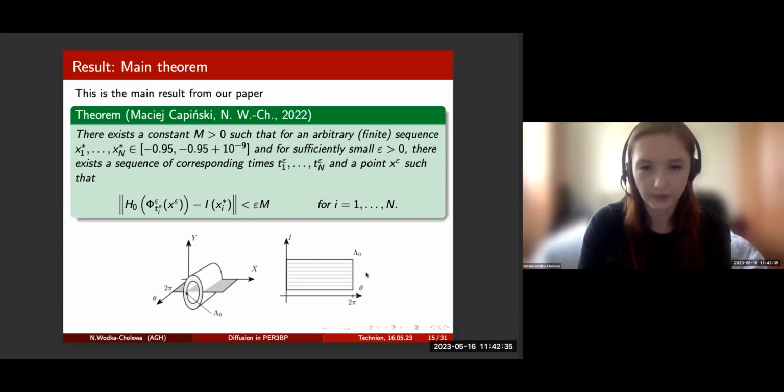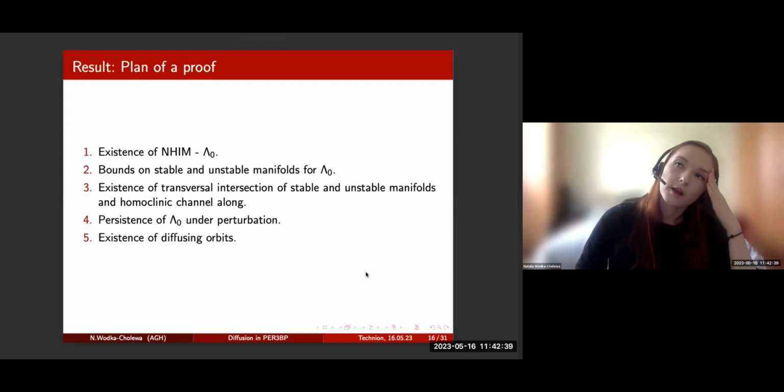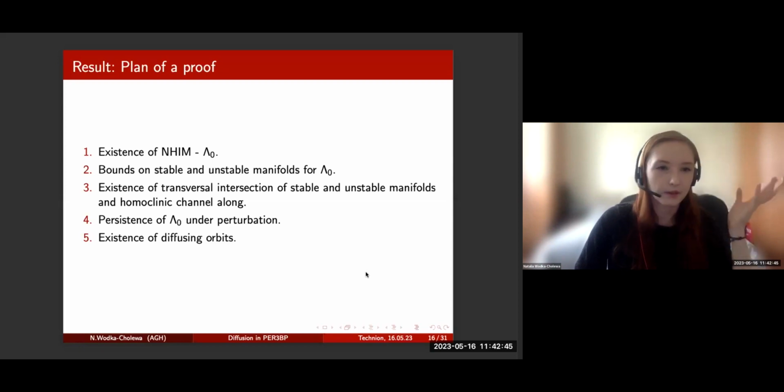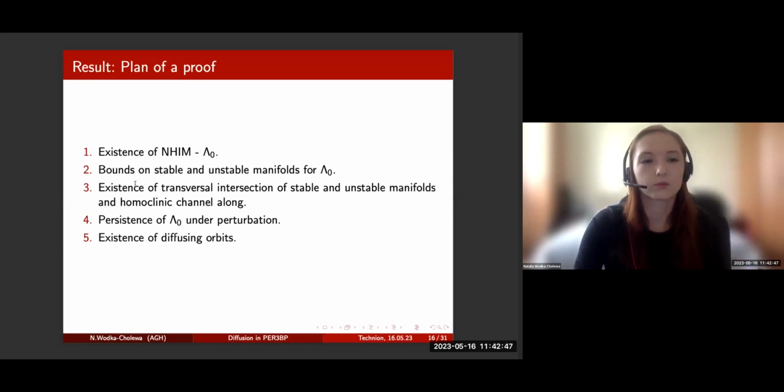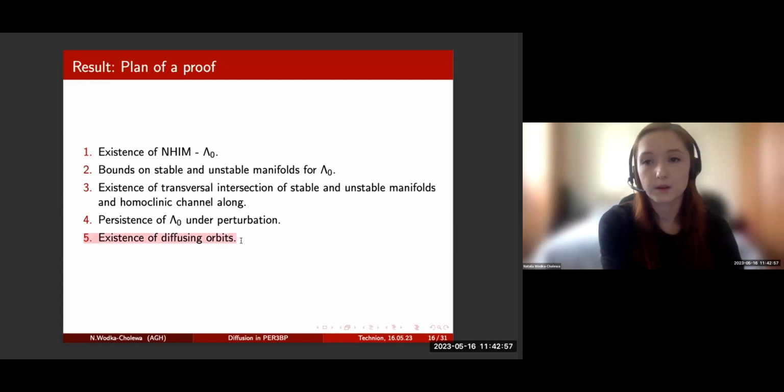Okay. So now I will try to sketch a proof and talk about the tools that we use to obtain everything, how to talk about this, and how to express it. So the main tool will be the existence of diffusing orbits, for which we use the tool from the paper I was talking about in the first place.